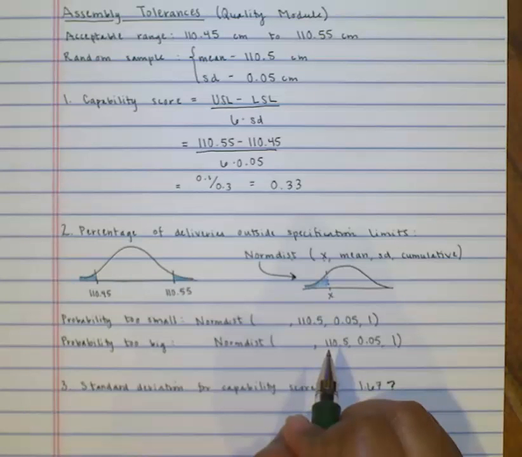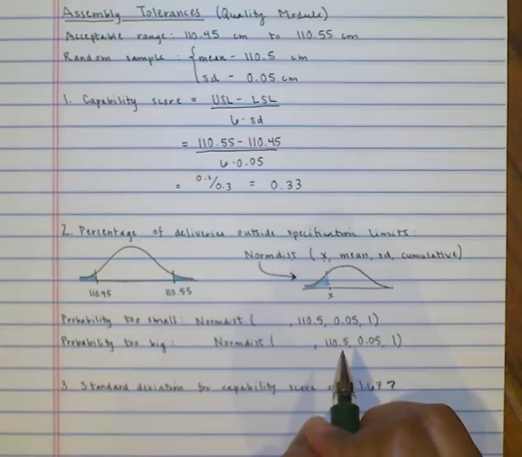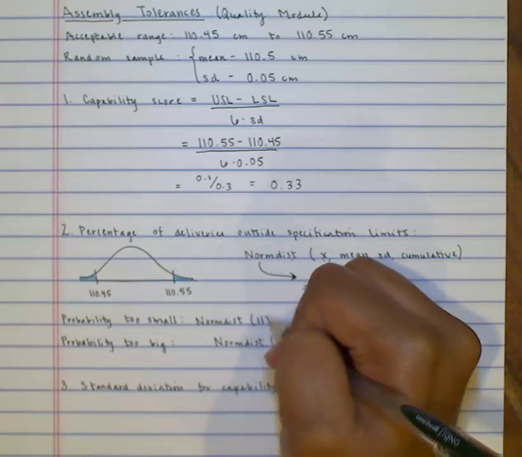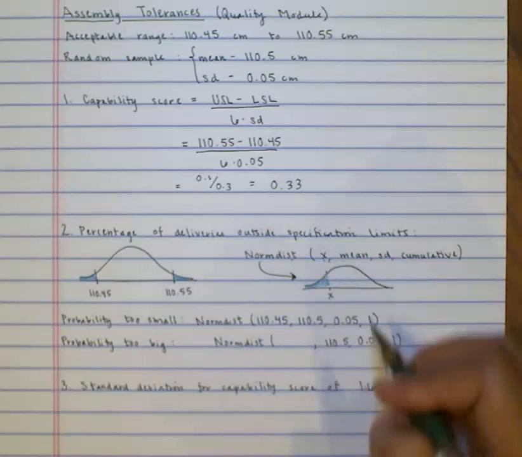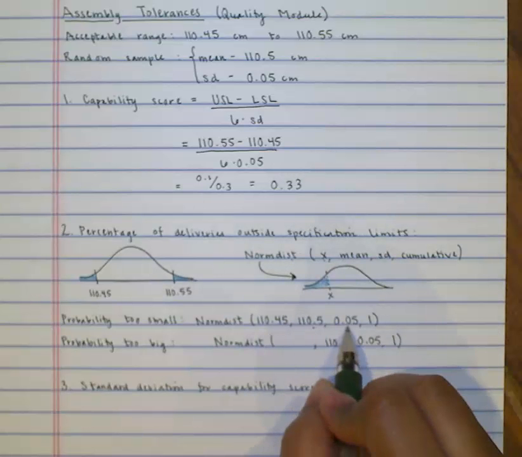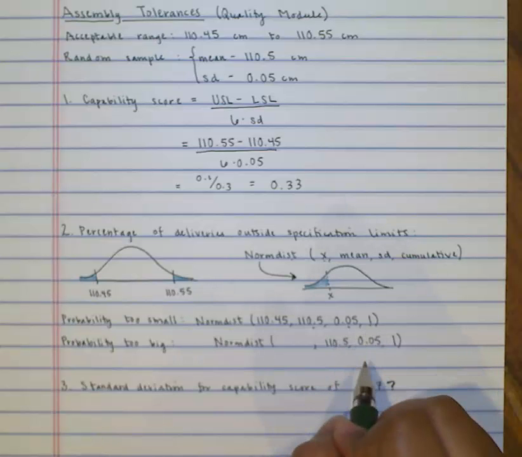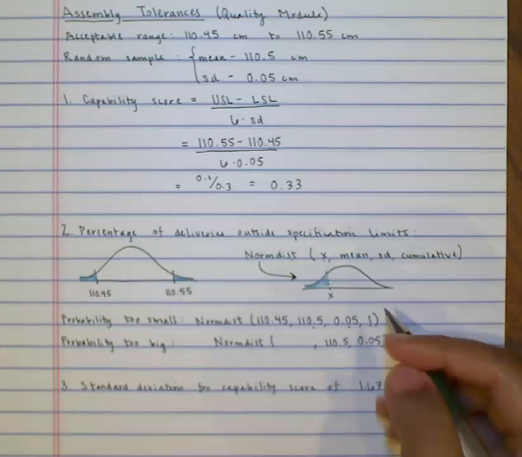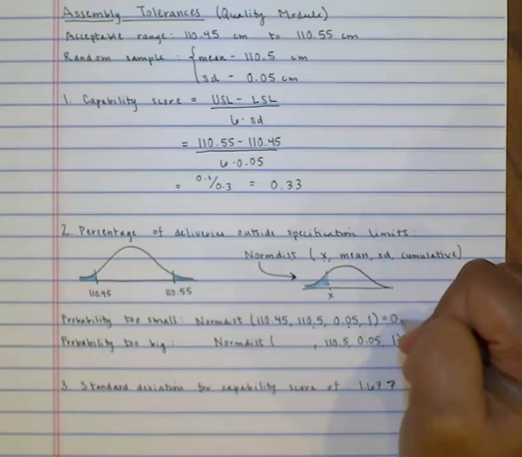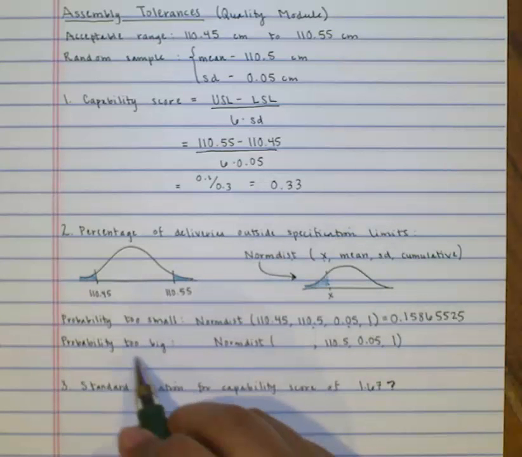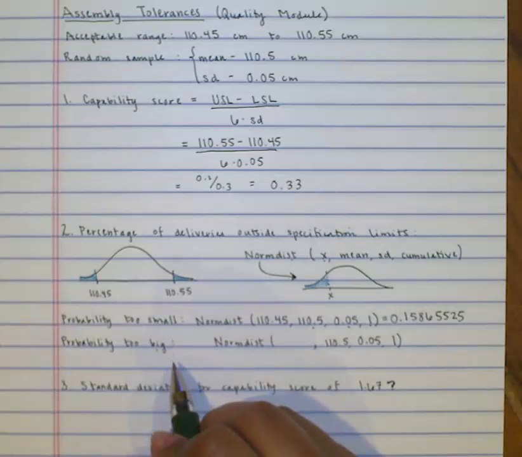So, to find the probability that the part is too small, in Excel, use the formula normDist 110.45 for x, 110.5 for the mean, 0.05 for the standard deviation, and 1 to indicate that we want the cumulative distribution. This gives us 0.15865525.